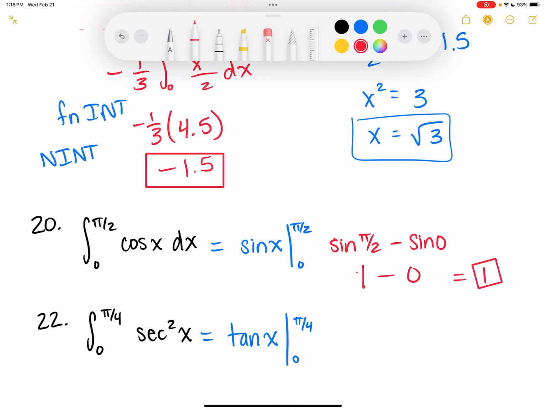So the tangent of pi over 4 minus the tangent of 0. So what is the tangent of pi over 4? What's the tangent of 0? 0. It's undefined on the y-axis at pi over 2 and 3 pi over 2. So this is also equal to 1.